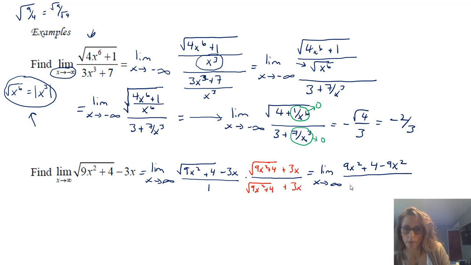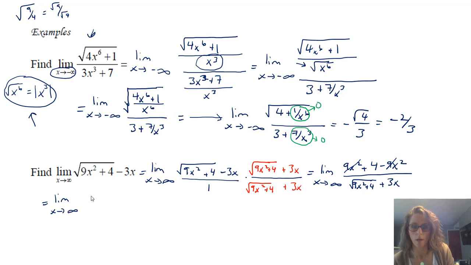And then in our denominator we just have the square root of 9x squared plus 4, and then the plus 3x now. So of course we're not surprised, we've got some stuff that simplifies, and now we have the limit as x goes to infinity of 4 over the square root of 9x squared plus 4 plus 3x.